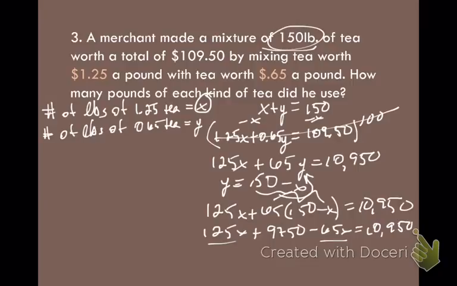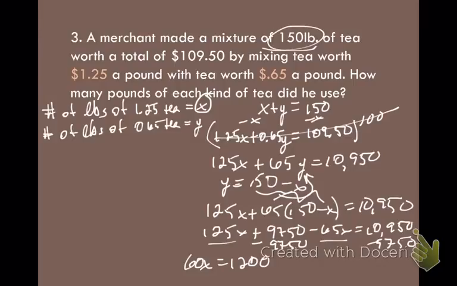Combine like terms. Okay, so we're going to get 60x is equal to, I'm going to subtract the 9750, and get 1200.